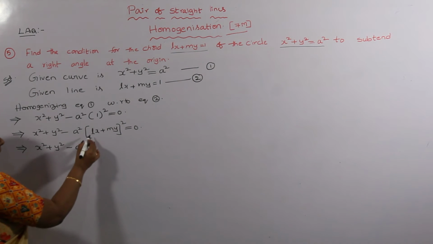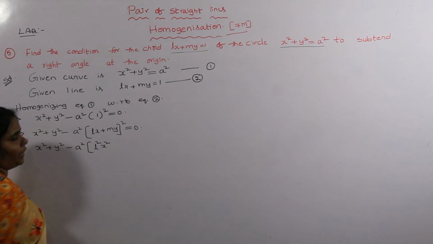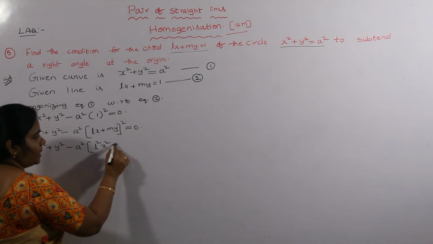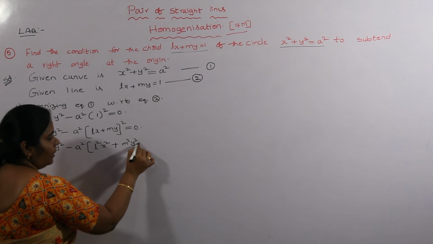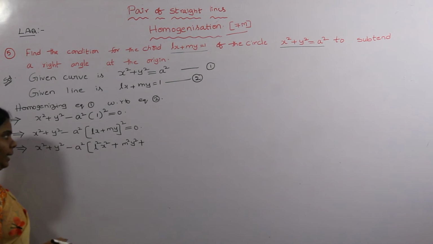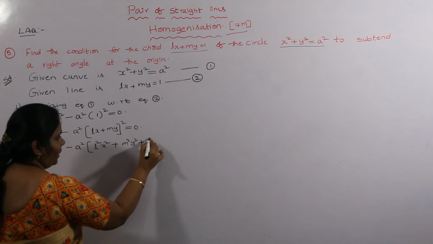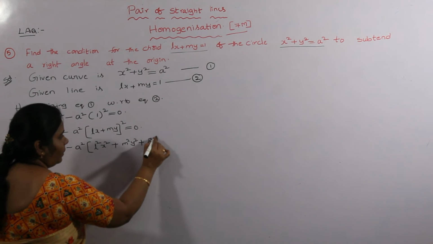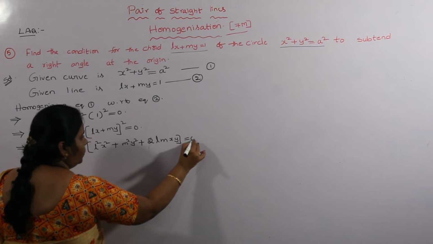Here a square is L square x square, b square is m square y square, plus 2lm xy is equal to 0.